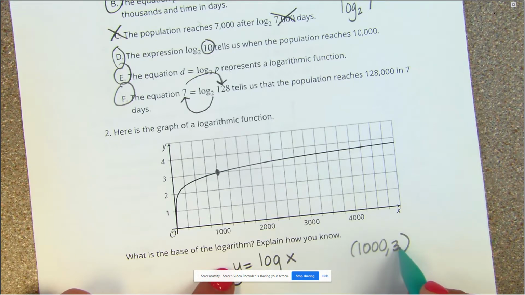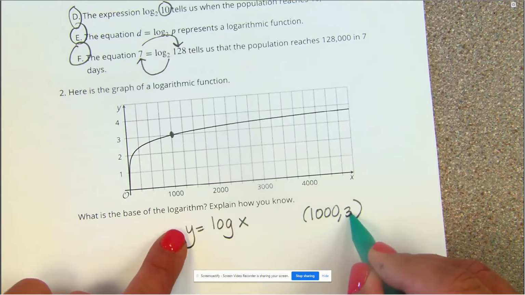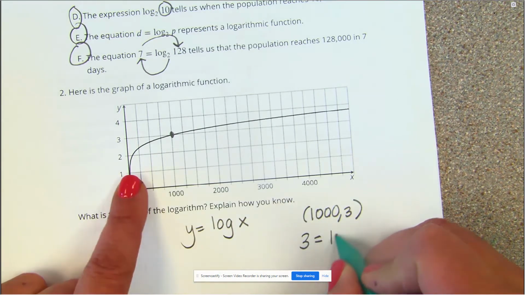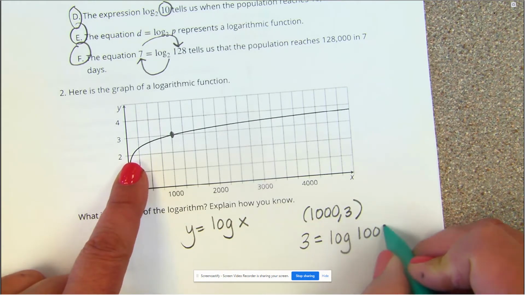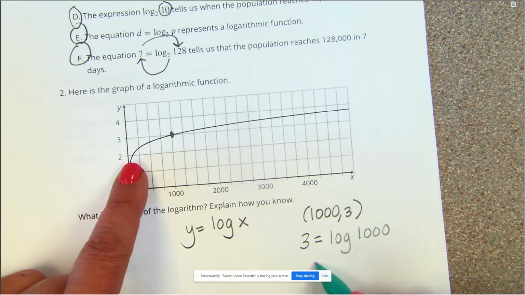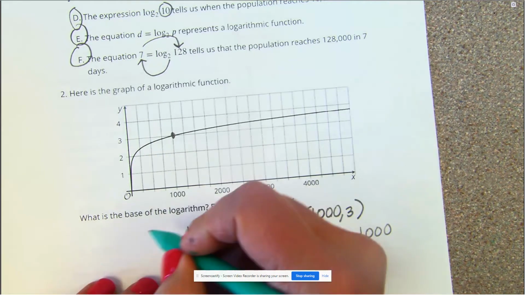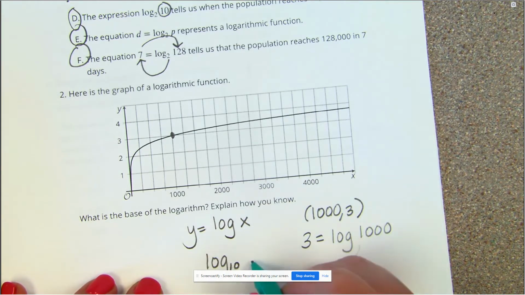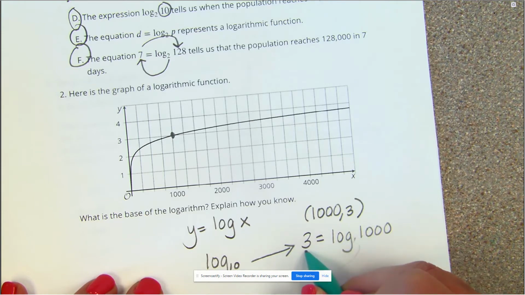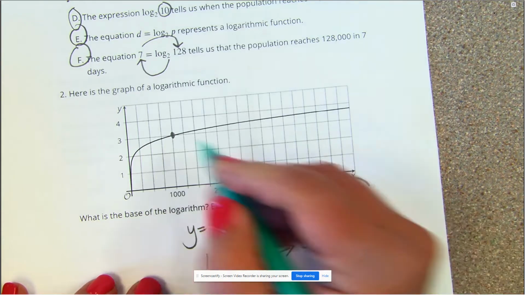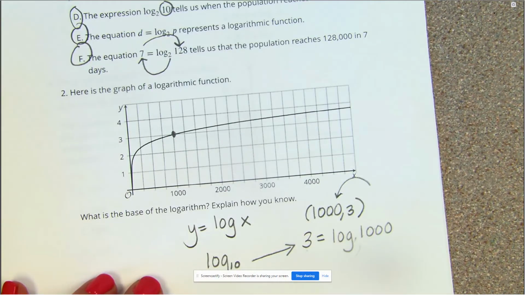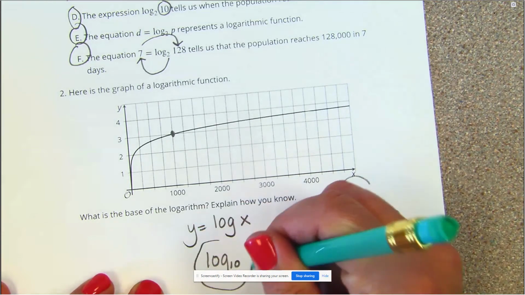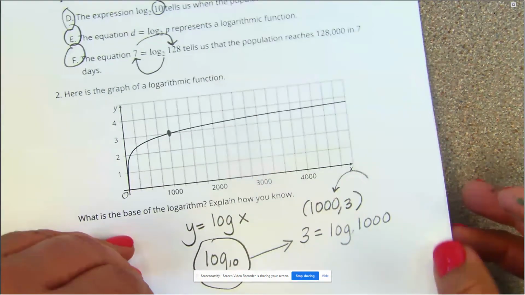Some number to the third power is 1,000, right? 3 equals log of 1,000. 10 to the third power is 1,000. So this is base 10, log base 10, because 10 to the third power is 1,000, and that was a point right there on my graph, 1,000 and 3. Log base 10.